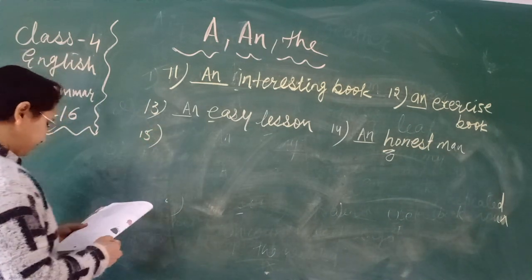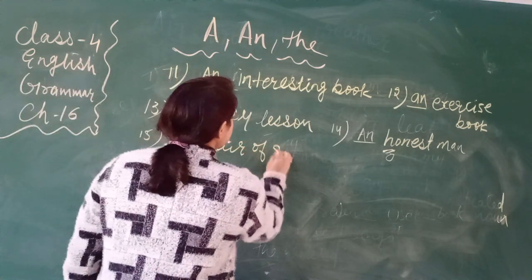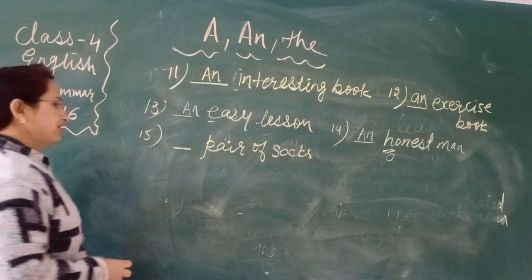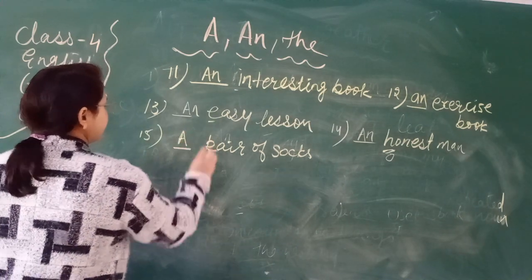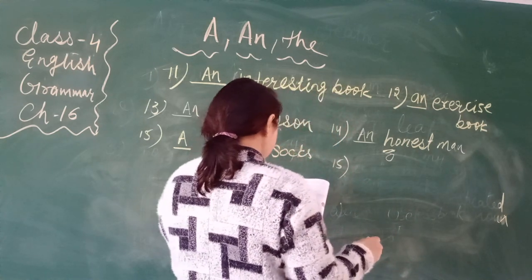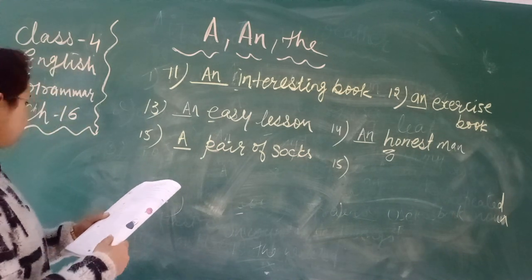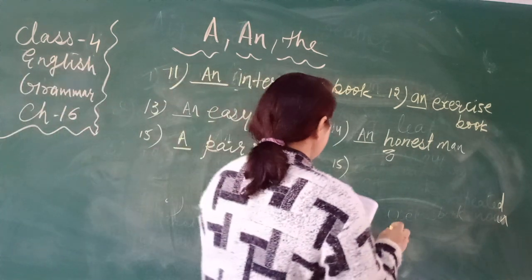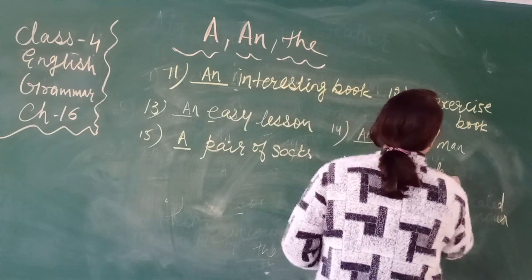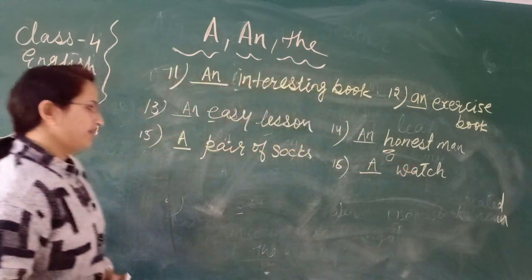Next 15. Blank pair of socks. P. Both are consonants, so we have to use article a. Honest man, a pair of shoes. Socks, we did it? Yes. 16. A blank watch. Watch, W is a consonant, that's why we are using article a.